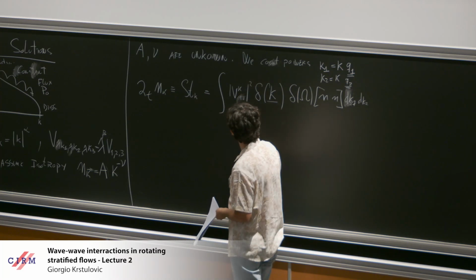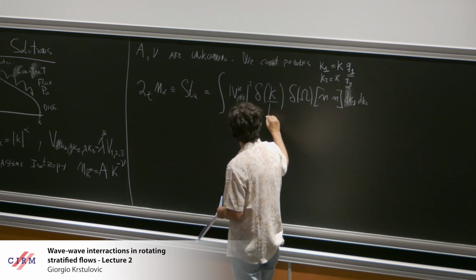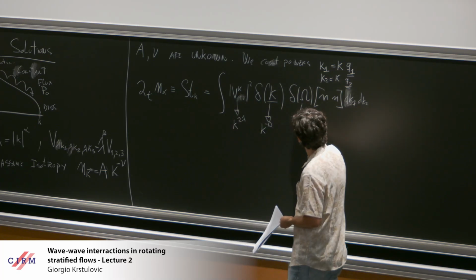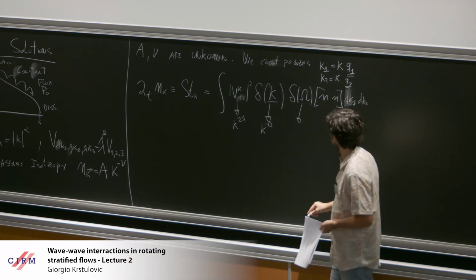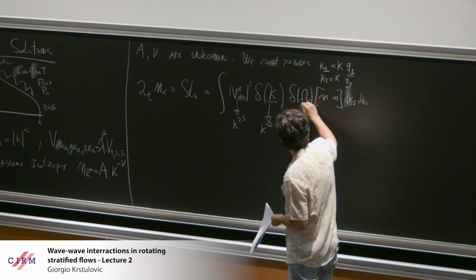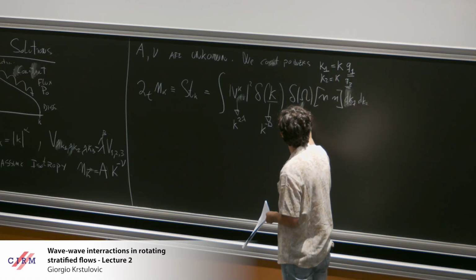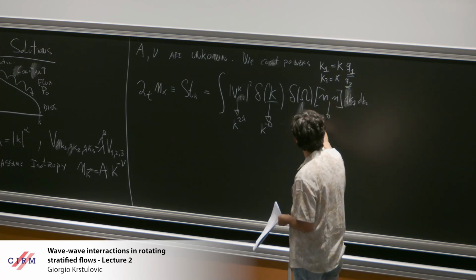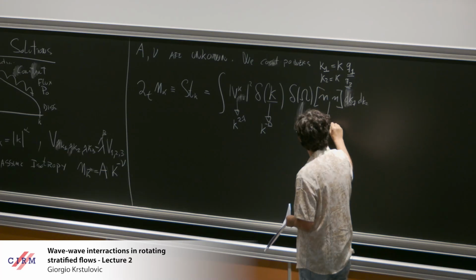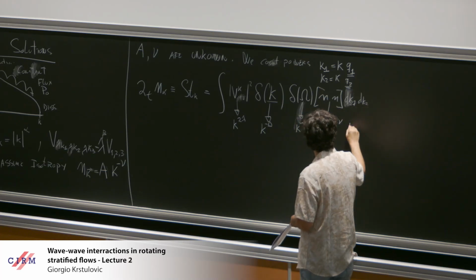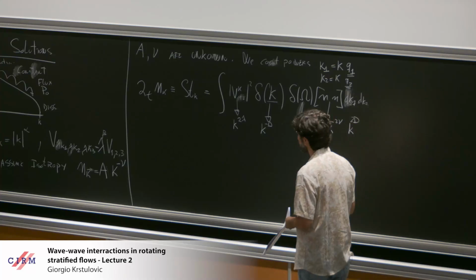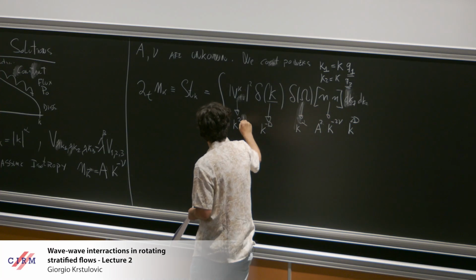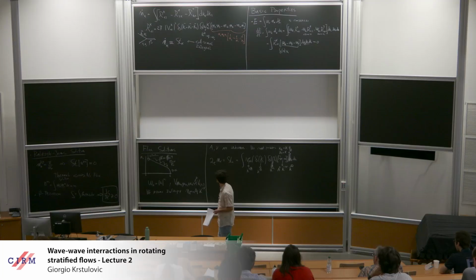This Dirac delta in k gives k to the minus d. This delta in omega will give me a k to the minus alpha. Here is my solution, so I will get a squared k to the minus 2 nu. And here I have 2 dimensions, k to the 2d. Sorry, I said beta, it was beta, 2 beta. This is what I wrote, yes.